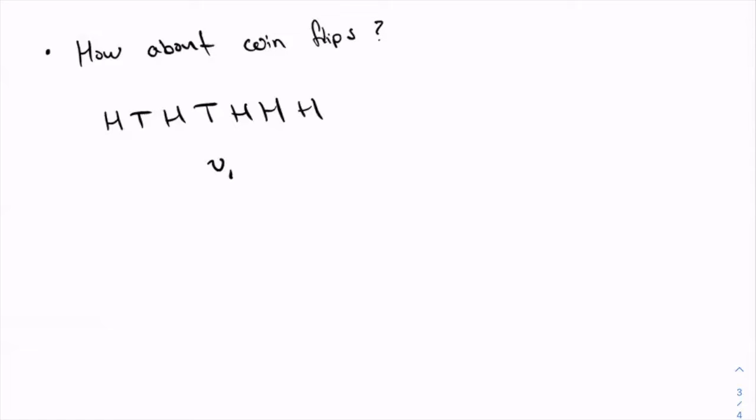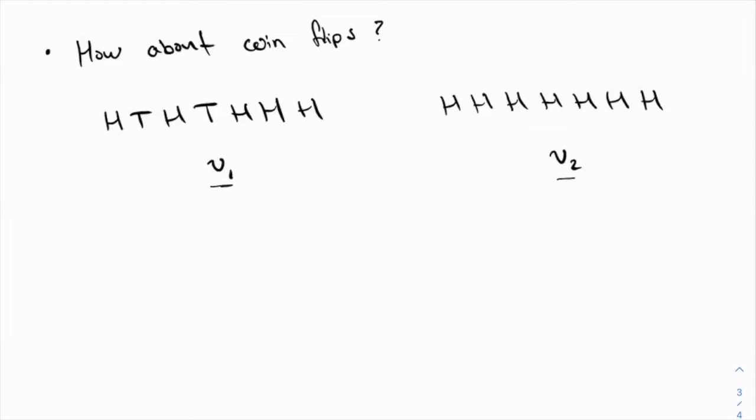Let's think about another microstate of a set of coins that are all heads. 1, 2, 3, 4, 5, 6, 7. That's microstate number 2. Now you tell me, what is the probability of seeing the specific sequence of coin flips on the left compared to that on the right? So what's the probability of flipping a coin and getting a head? That's 50%.